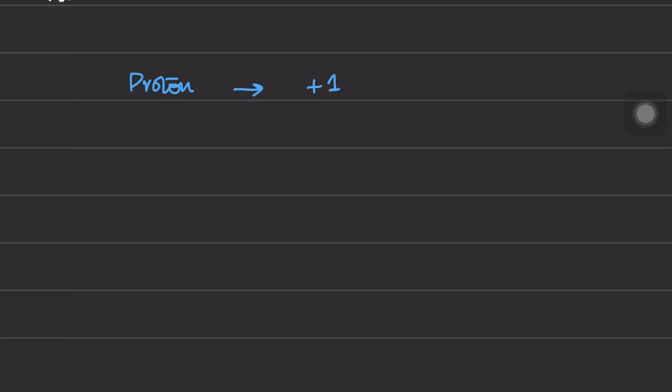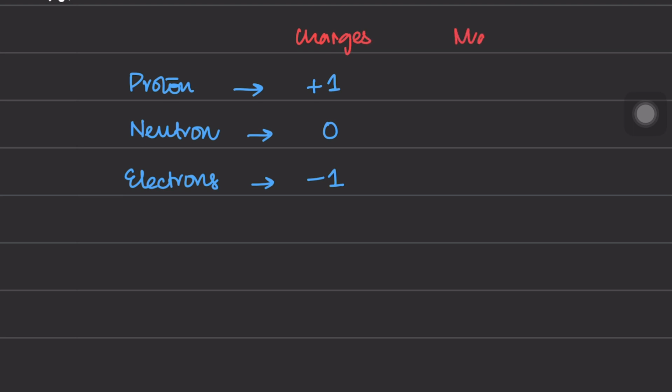A neutron, like I mentioned, is neutral, so it has no charge. And finally we've got electrons, which have a negative 1 charge. This here represents the charges, and this here represents the relative mass.